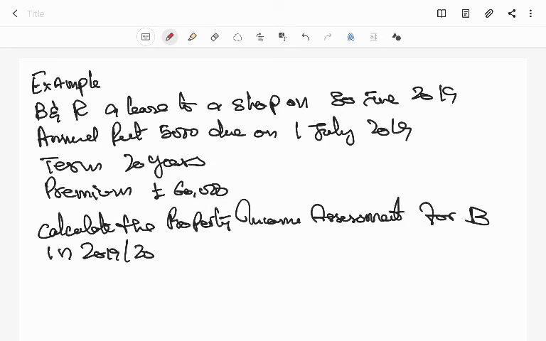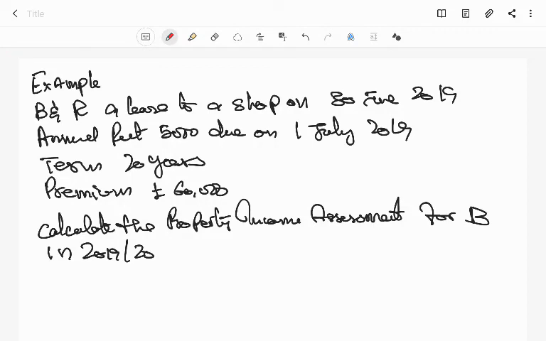Now again we will look at the example. B and R leased a shop on 30th June 2019. Annual rent 5,000 due on 1st July 2019. Term is 20 years and premium is 60,000. We have to calculate the property income assessment for B in 2019-20.